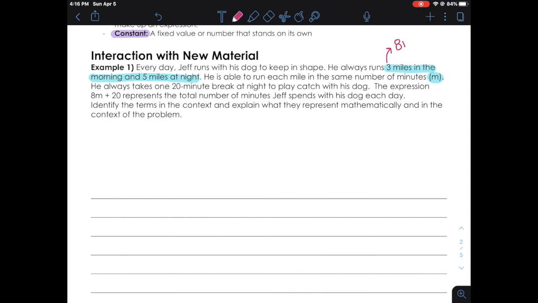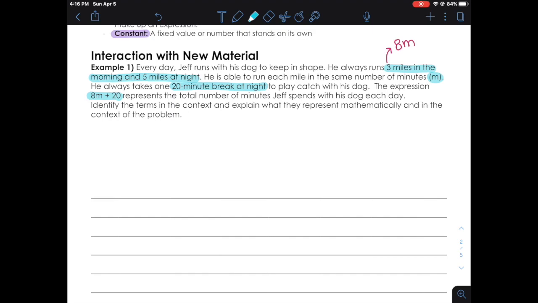Okay, so we're looking at 8M. Okay, let's see, he always takes a 20-minute break at night, so that's important. And then we have the expression, which represents the total number of minutes he spends with his dog each day.